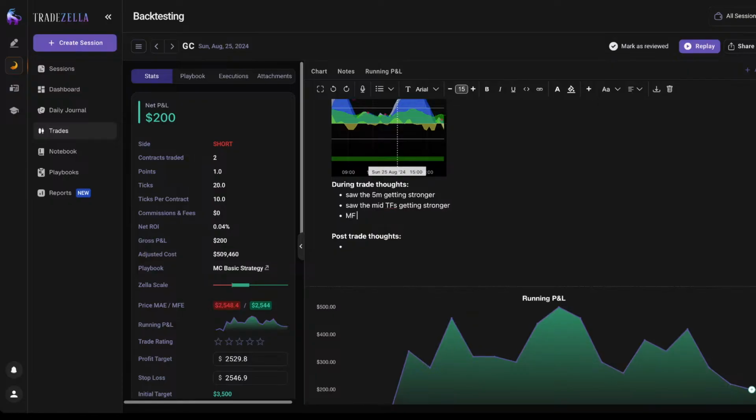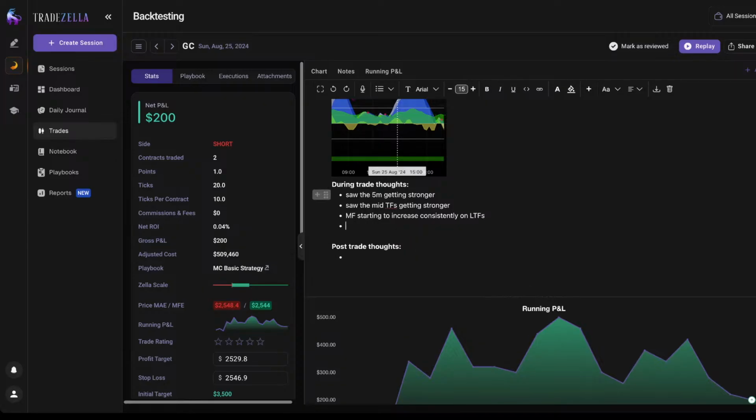Money flow starting to increase consistently on lower time frames. This is a good long opportunity.